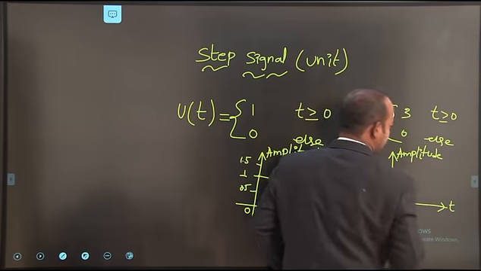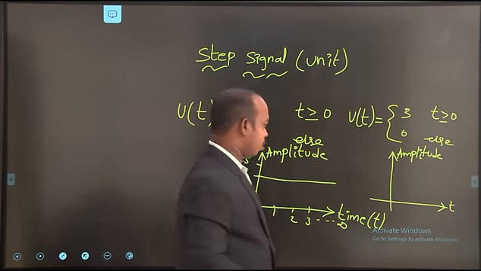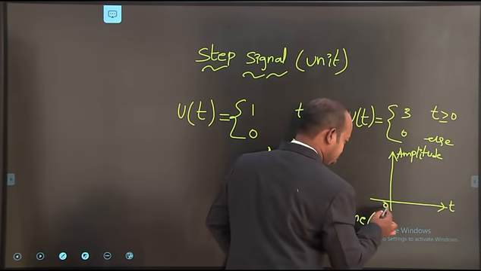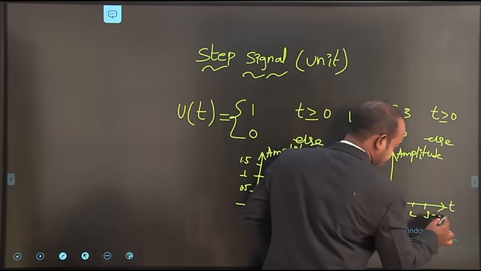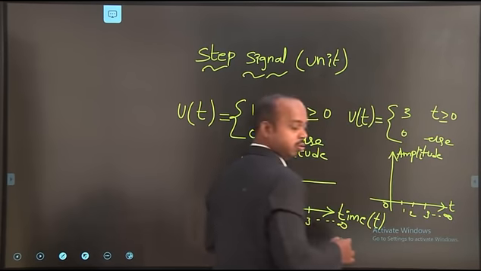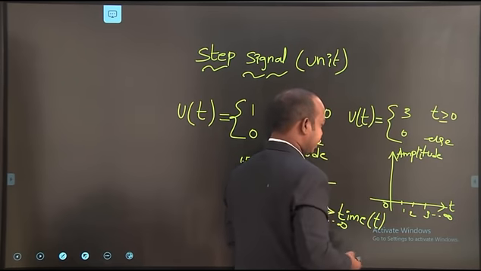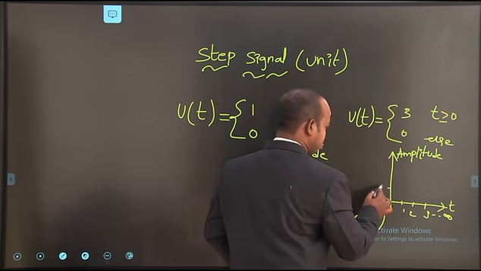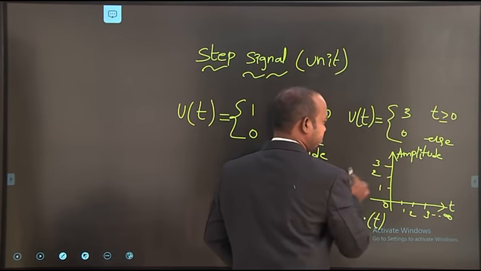Now you can represent the corresponding values. Here 0, 1, 2, 3 up to infinity, and in the vertical direction the values 1, 2, 3.